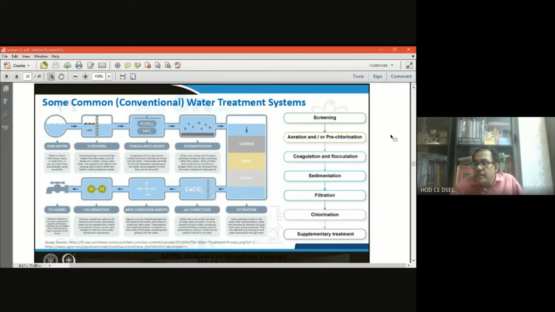Then we provide an anti-corrosion agent. What is that? Agents such as orthophosphate can be added to water, particularly in areas with lead pipes. This agent forms lead phosphate. What does it actually do? The lead phosphate complexes on the inside of the pipe, stopping the lead from getting into the water.